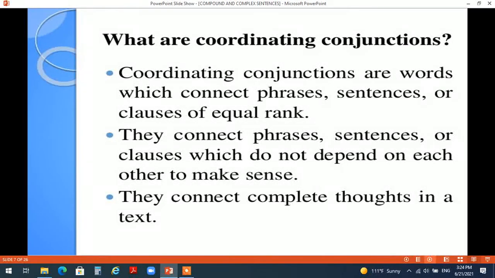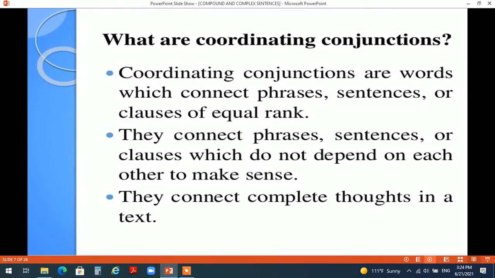They connect phrases, sentences or clauses which don't depend on each other to make sense. إذن تستخدم coordinating conjunctions كي تربط ما بين عبارات اسمية أو عبارات فعلية أو جمل بسيطة، ومثل ما قلنا قبل قليل تبقى كل عبارة أو كل جملة بسيطة محافظة على استقلاليتها، لا توجد عبارة تعتمد في معناها على عبارة أخرى.